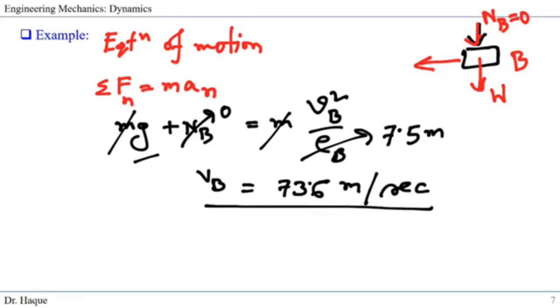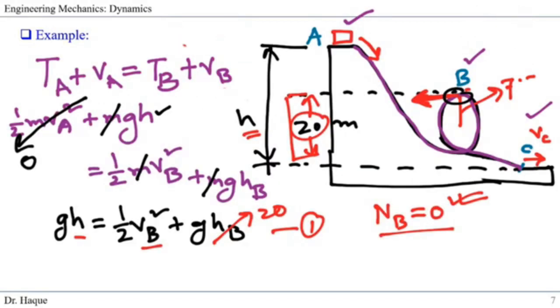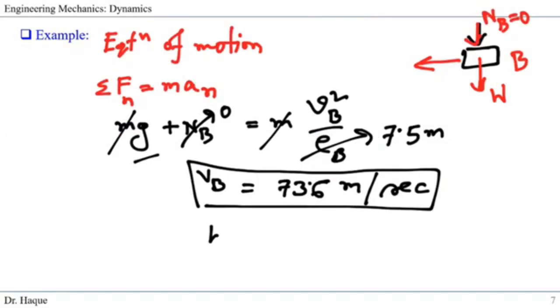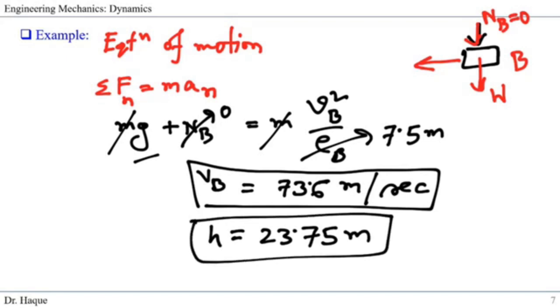So now we can use this VB back in our previous equation, plug it in, and we can find H. If you do that, you will see that your H is 23.75 meter. Pause the video and work it out and check if you can find this answer.